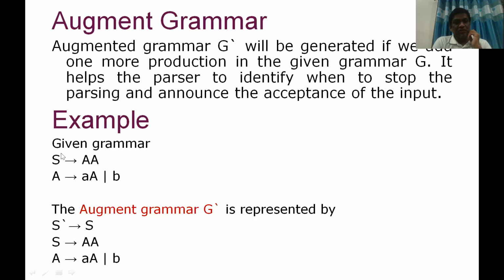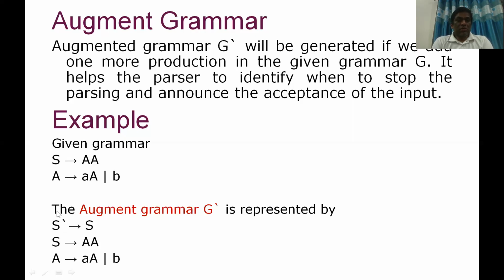What is the start symbol of the grammar here? Capital S. So S dash is the new variable deriving the start symbol of the given grammar. So S dash implies S. Adding this new production converts our grammar into the augmented grammar G dash. So we are adding a single production.